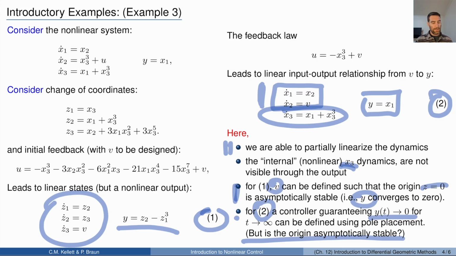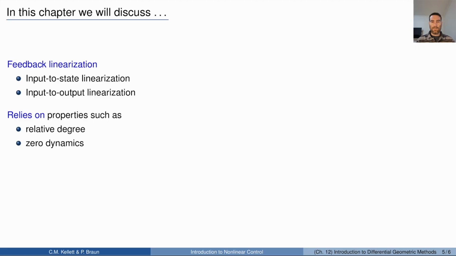Okay, here it was probably not clear how these coordinate transformations were obtained, and I have simply given them to you as more or less an oracle, and it wouldn't be straightforward to come up with them without further knowledge.